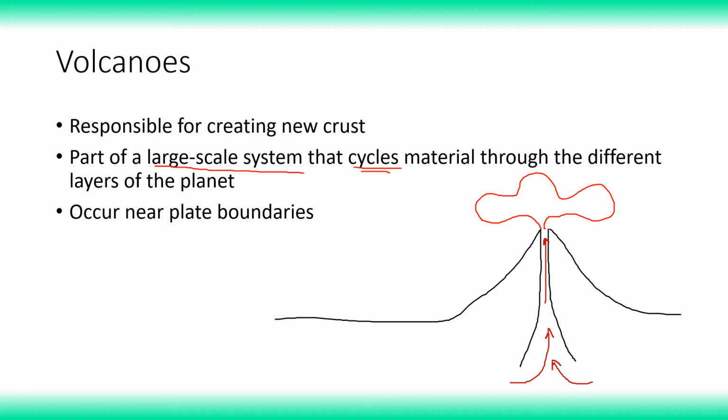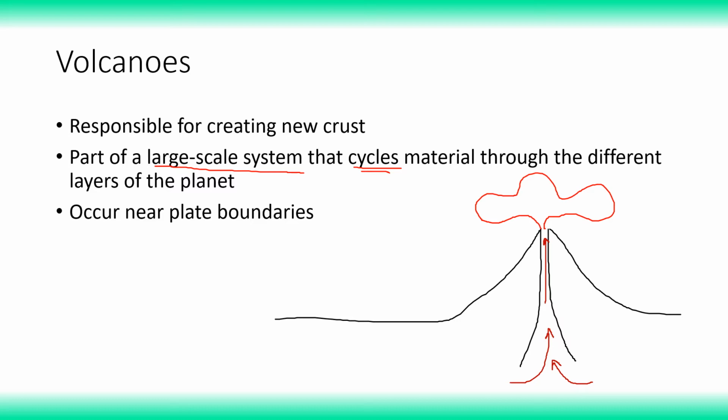And it's important to recognize that volcanoes are just one component that contributes to this cycling and recycling of material through the different parts of the planet. It allows us to gain new minerals and nutrients and materials, and it helps to build new crust.